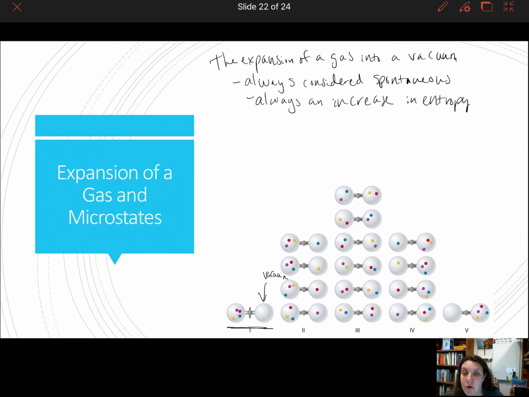We should be able to see, if we're looking at the first one versus all the rest of them, that there is more disorder, just by the randomness of this. But we can look at it in terms of what we call possible microstates.